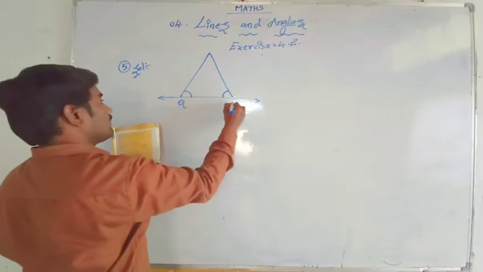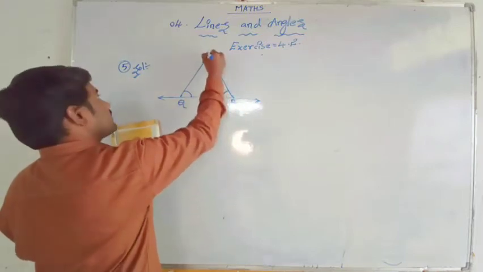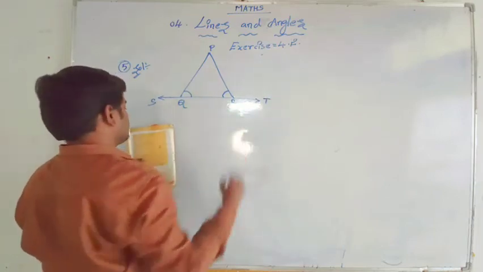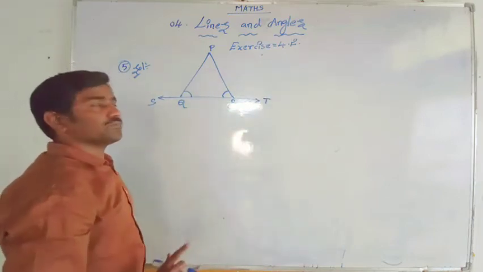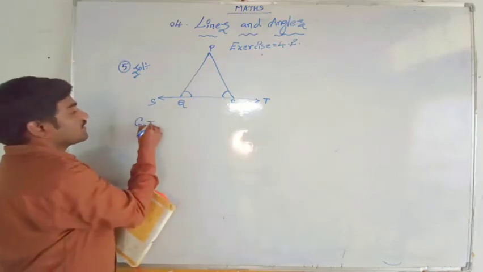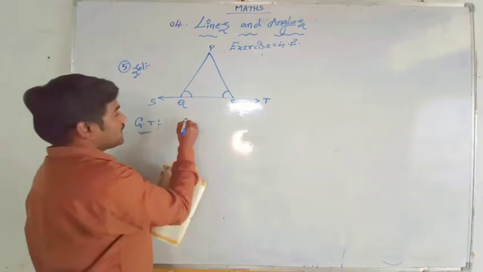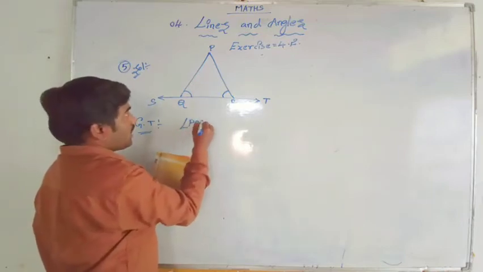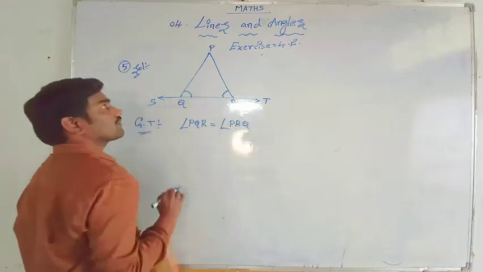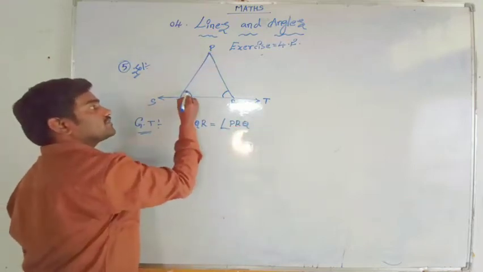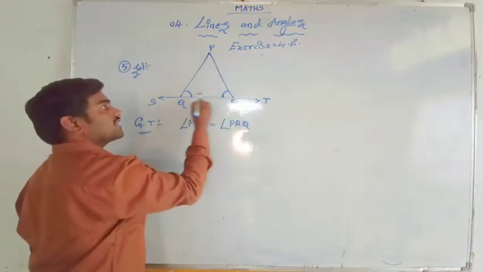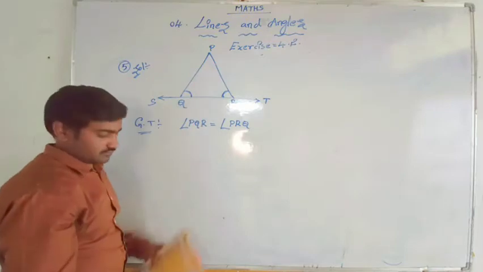Here Q, here R, here P, here S, here T. Now in this figure, given that angle PQR is equal to angle PRQ. That means these two angles are equal.